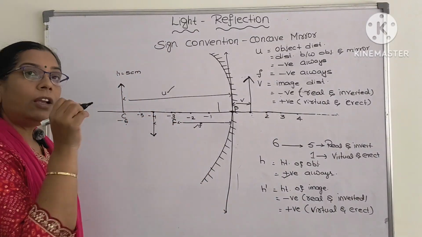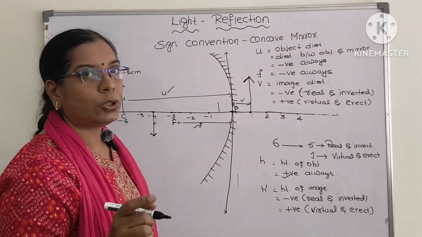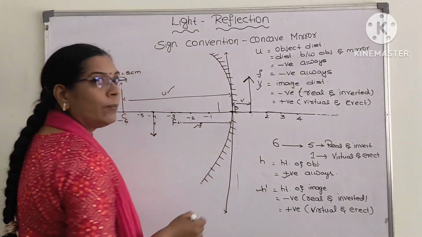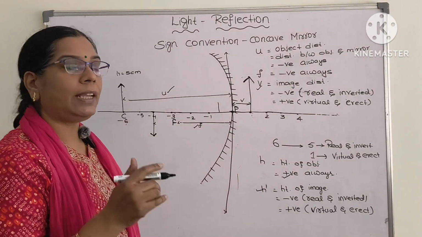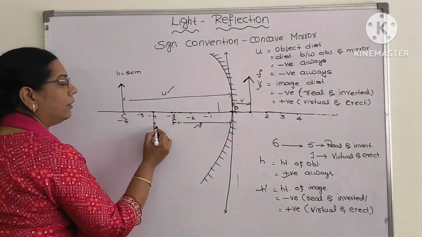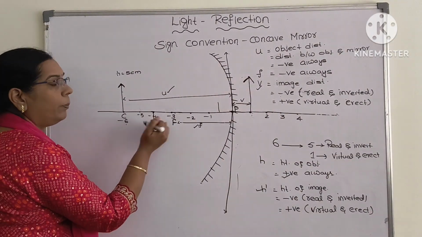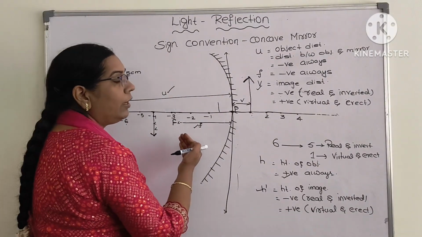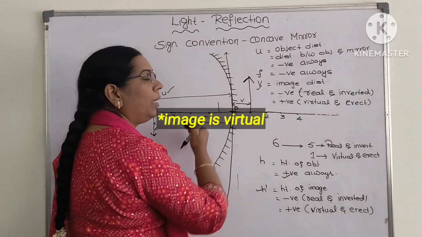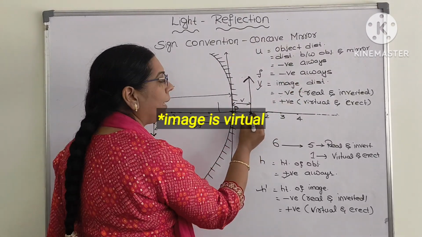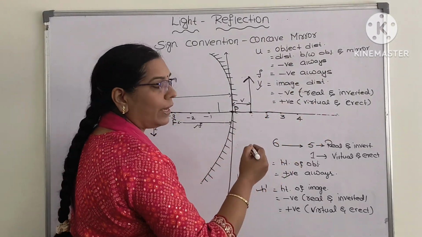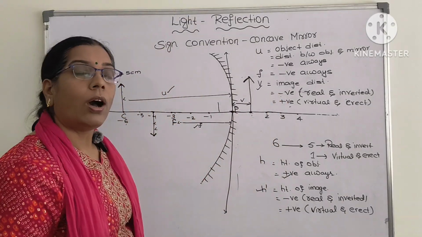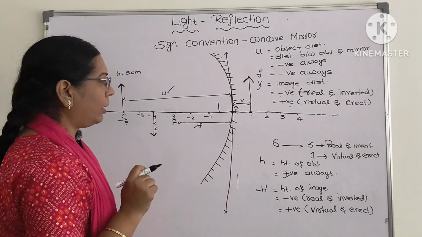Now, depending on whether you get a real or virtual image, some signs for V and H prime will change. If the image is real, then V will be negative because it will be falling again in front of the mirror. However, if the image is virtual, it will be falling on the other side, on the positive x-axis. We will have a positive sign. Now, how about the height of the image?